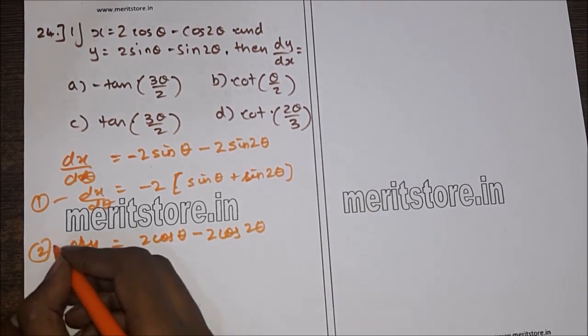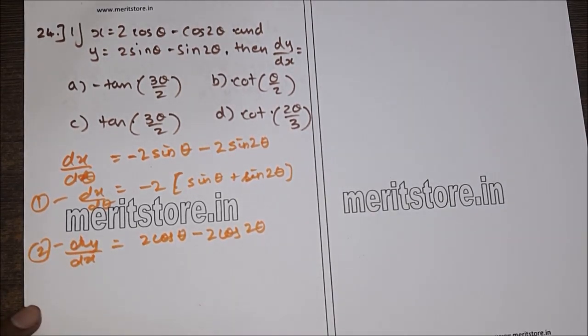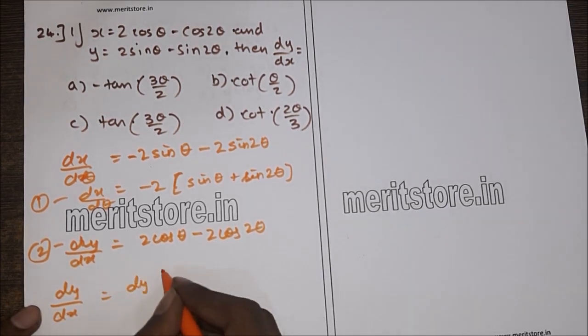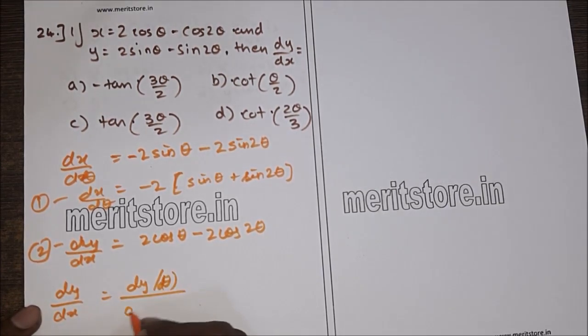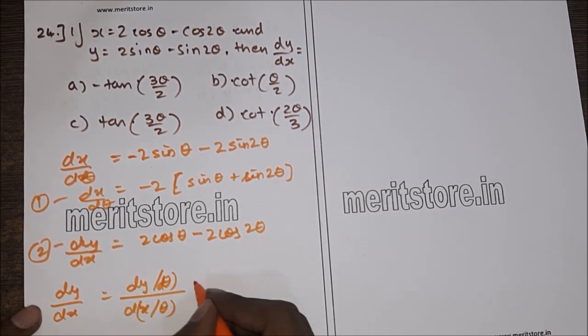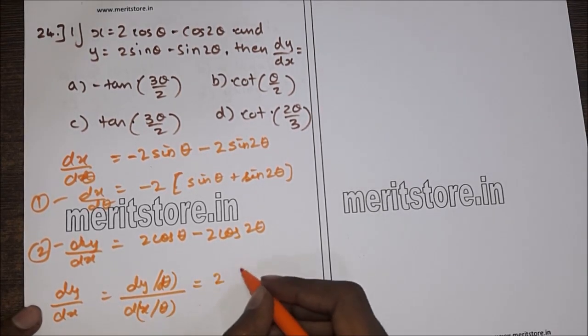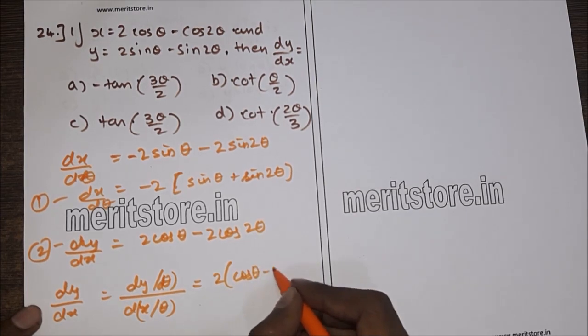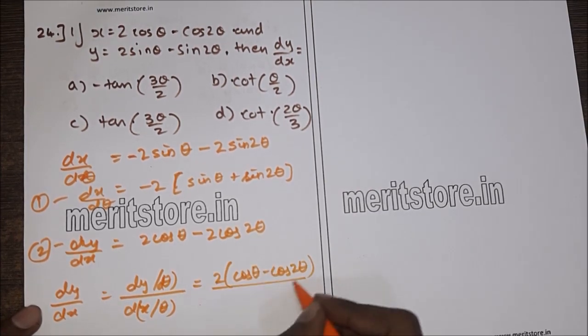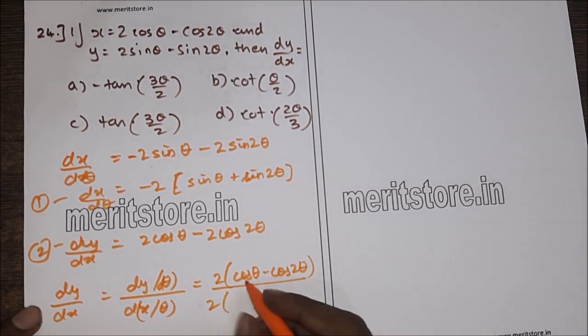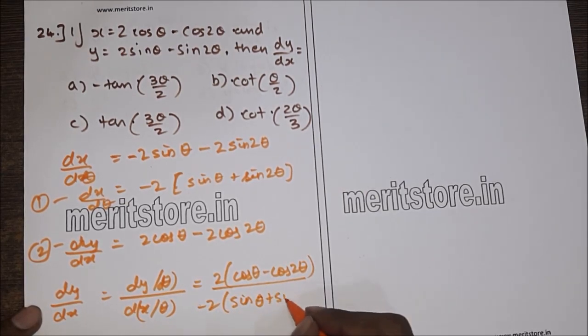Let this be equation 2. Now dy by dx is dy by d theta upon dx by d theta, which is equal to 2 times cos theta minus cos 2 theta upon minus 2 times sin theta plus sin 2 theta.